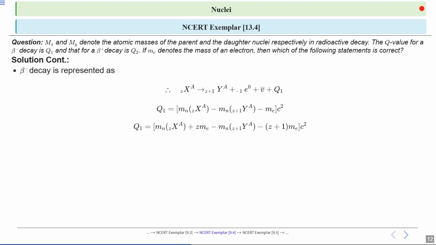For beta plus decay, Q2 involves similar mass differences but includes positron mass.